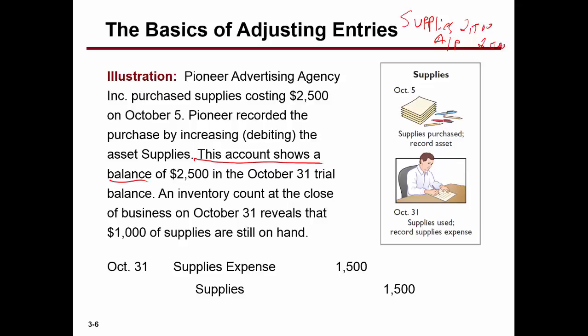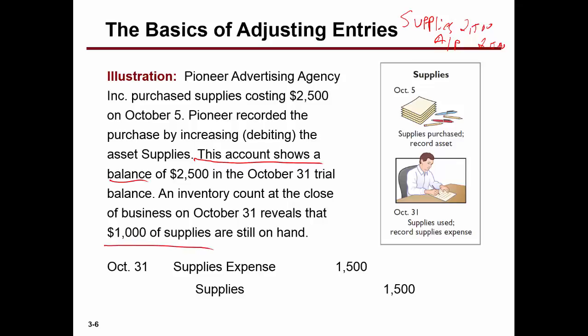This is just like the lemon tree guy where the fertilizer salesman said, hey, pay me later. So I set up the accounts payable, don't I? For 2,500. Then what? Then a little bit later, I get to the end of the year and I count, and there's only 1,000 of the supplies left.